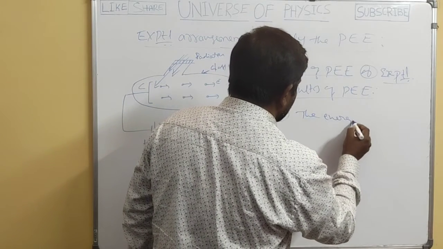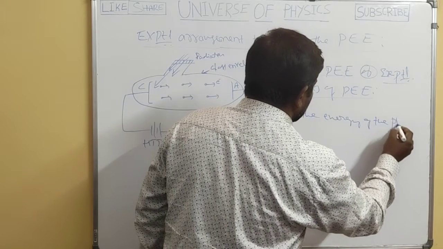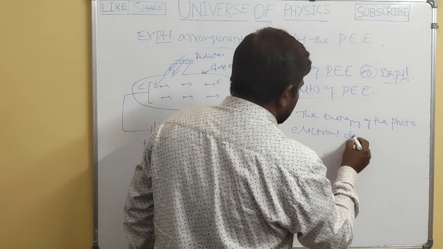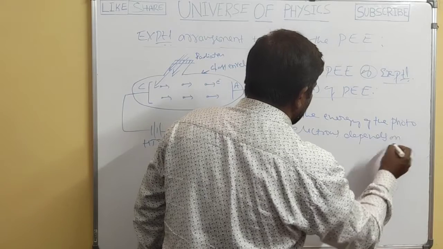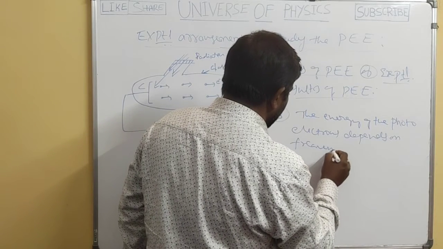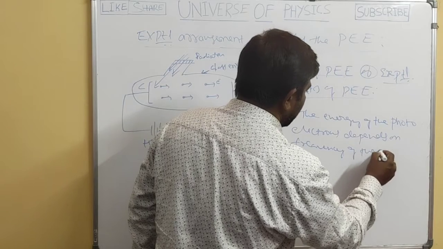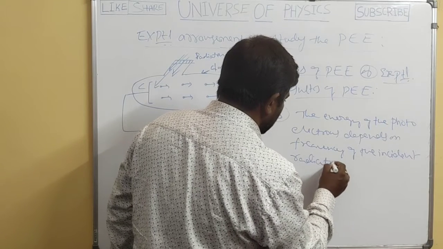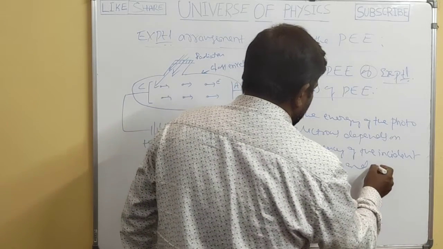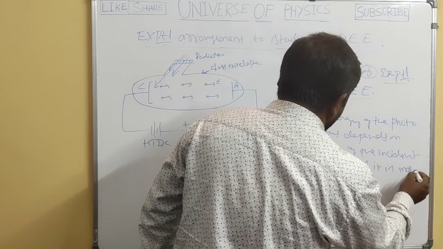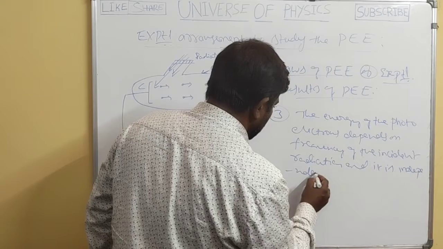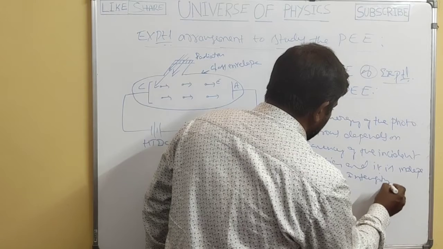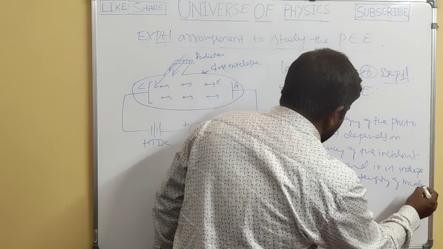The energy of the photoelectrons depends on the frequency of the incident radiation, and it is independent of the intensity of the incident radiation.